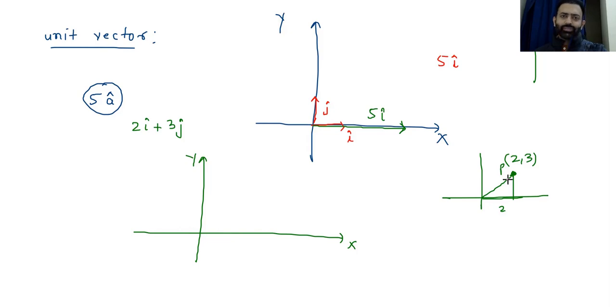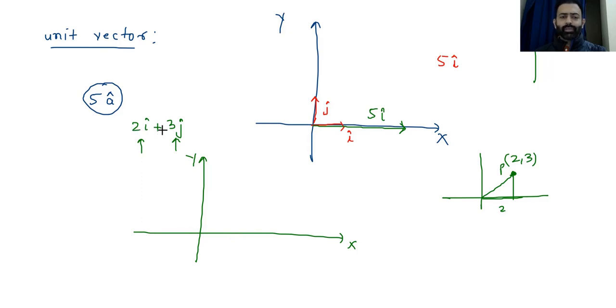If I have to represent this phenomenon in vector form, since I am moving 2 units in the x direction, in vector form I will write this as 2i cap, and 3 units I have moved in the y direction, which I will write as 3j cap.